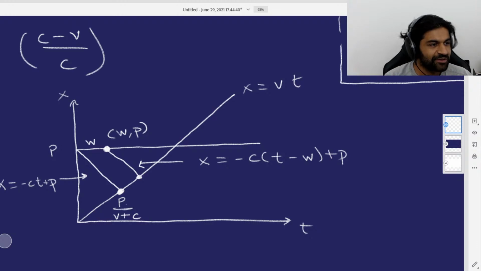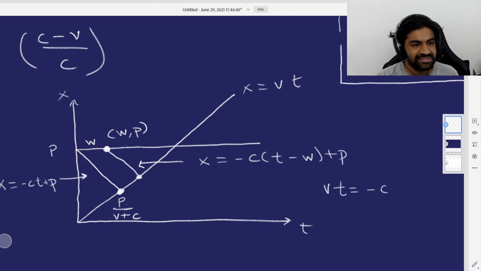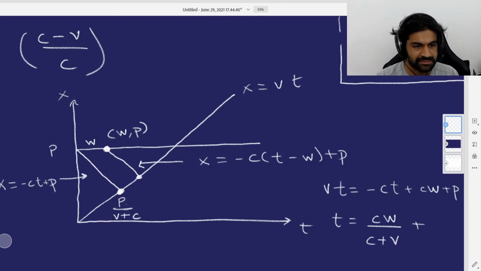So in order to figure out where these two intersect, I just need to set this equal to vt. Let me do that in this corner over here. You get vt is equal to negative ct plus cw plus p, which would mean that t is in fact cw over c plus v, and then plus p over c plus v.